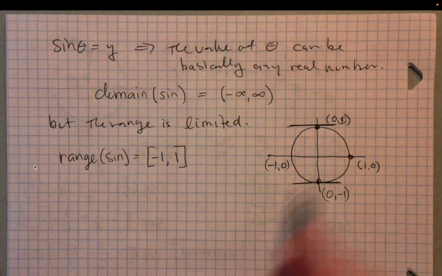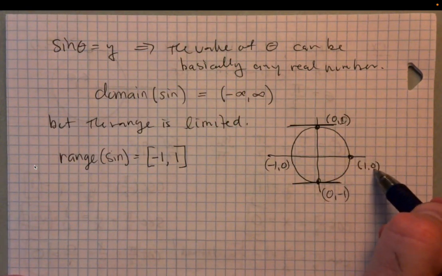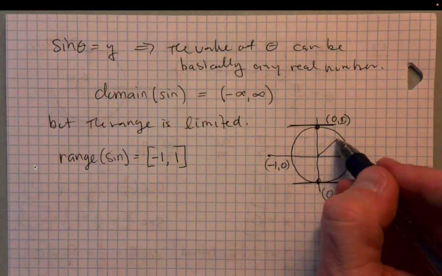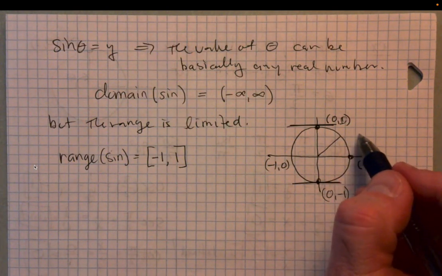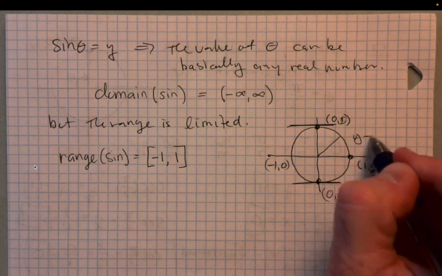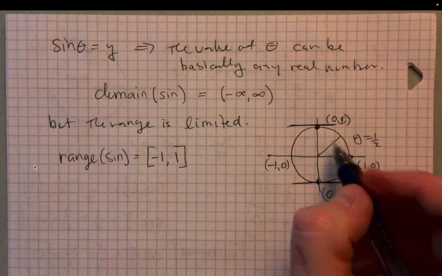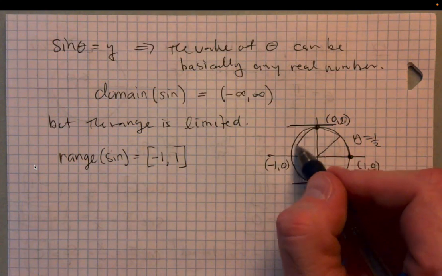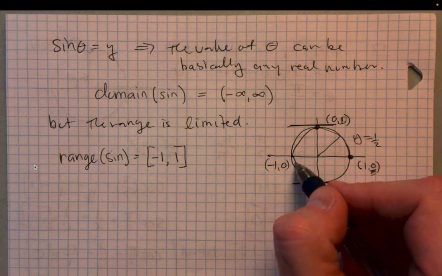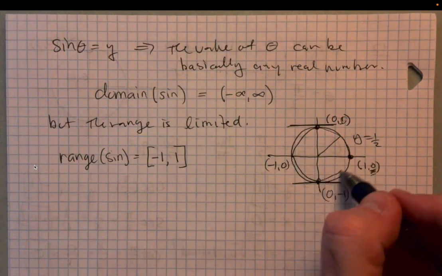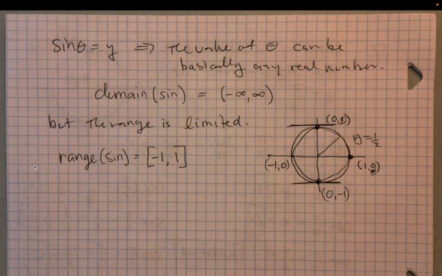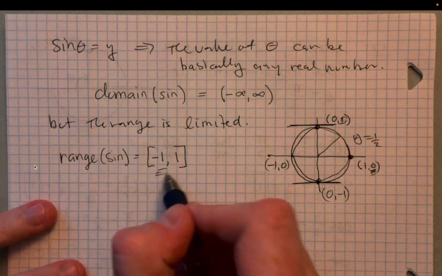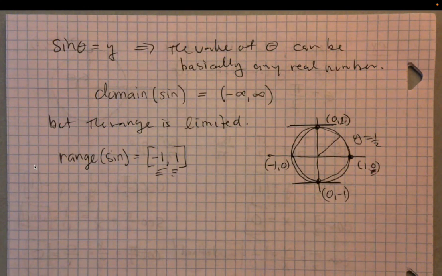Right in the middle here, you can see that the y value is 0. Somewhere like this, the y value might be 1/2. And so you can see it's going to start at 0, go up to 1, then down to 0, then down further to -1, and then back up to 0. So it's cyclical, and the range is going to be between -1 and 1.